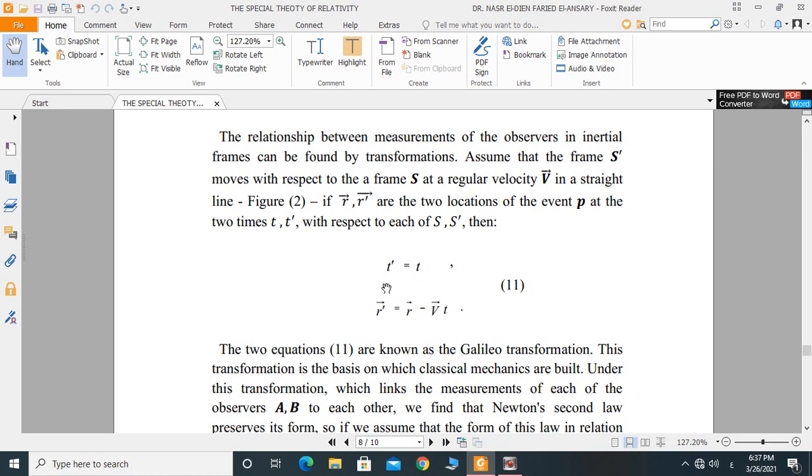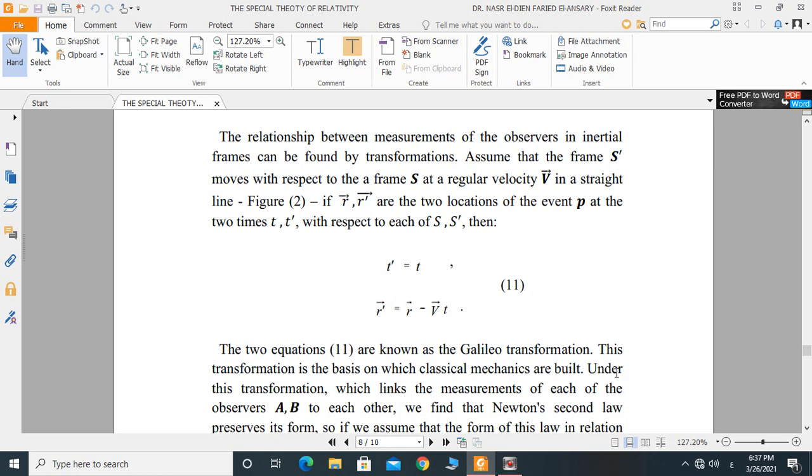t dash equals t and r dash equals r minus vt. The two equations 11 are known as the Galileo transformation.